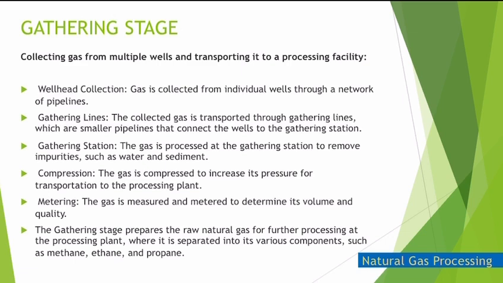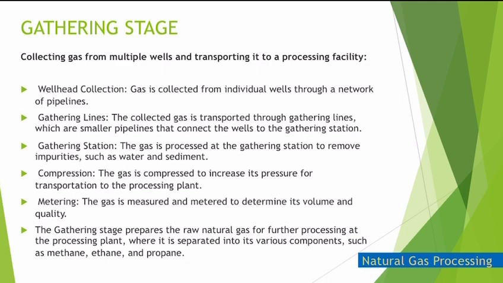Now at the gathering station, the gas is processed to remove impurities such as water and sediment. Now to the compression stage, the gas is compressed to increase its pressure for transportation to the processing plant.